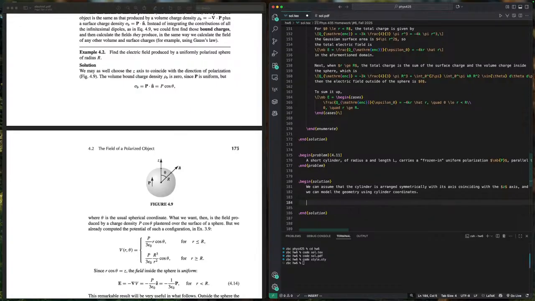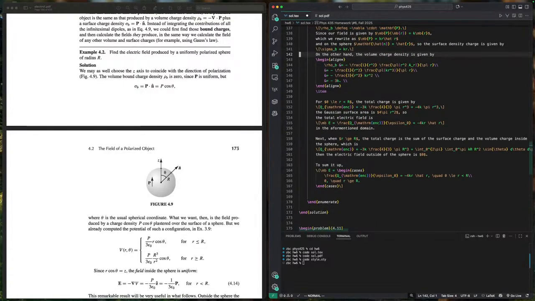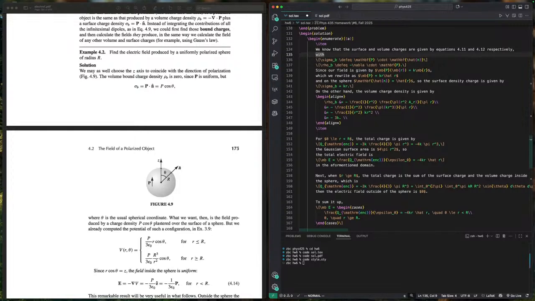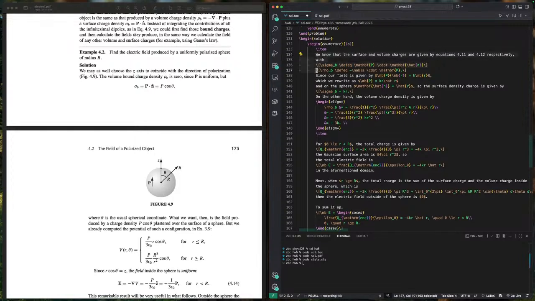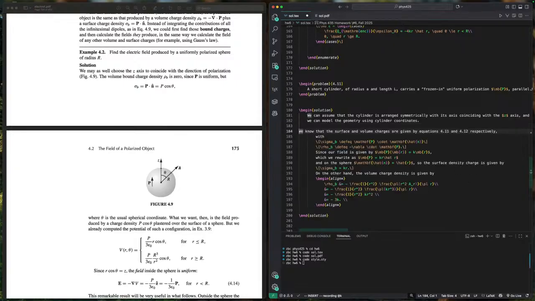Okay. And then we just, this part does not need to change. This part does need to change.